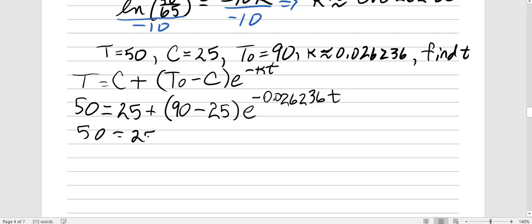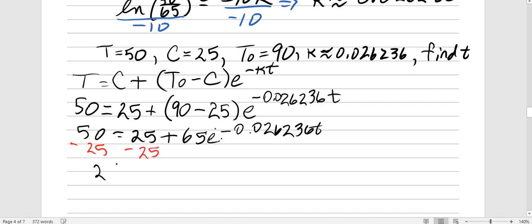50 equals 25 plus 65 e to the minus 0.026236 t. And again, we want to isolate the exponential. So we're first going to subtract 25 from both sides.